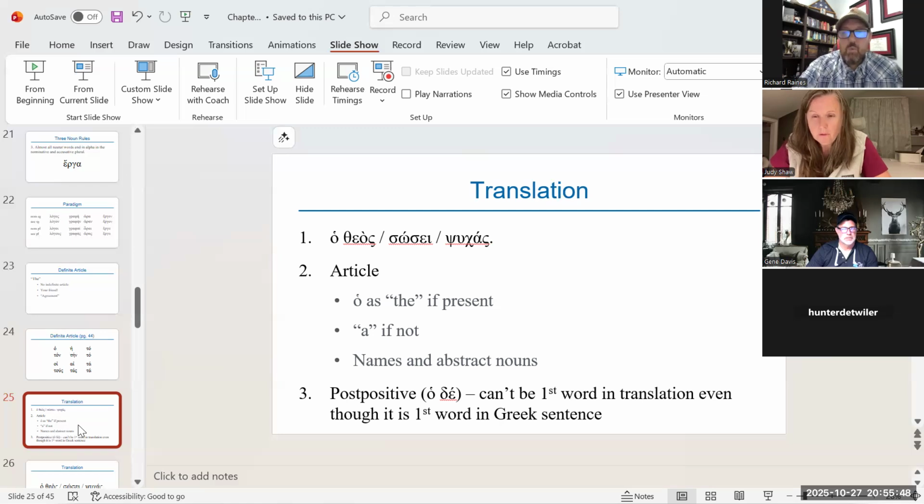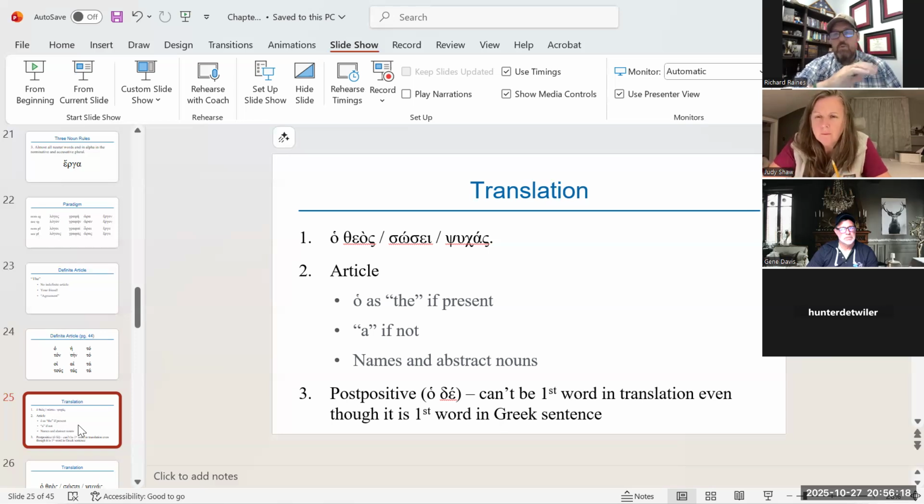So when it comes to proper nouns, like somebody's name or the name of a city or God in Greek, proper names and the word God are going to have a definite article in front of it. In every instance but those, you're going to translate it the whatever.